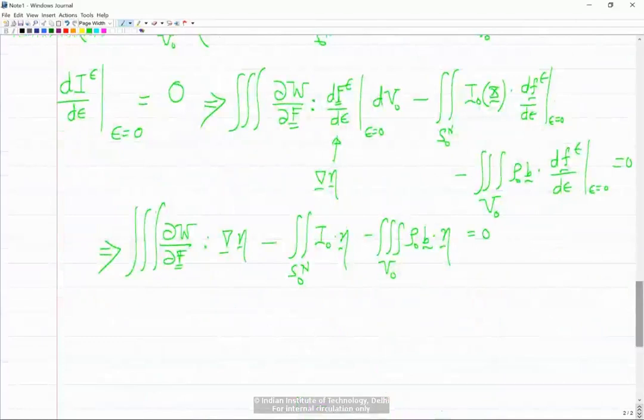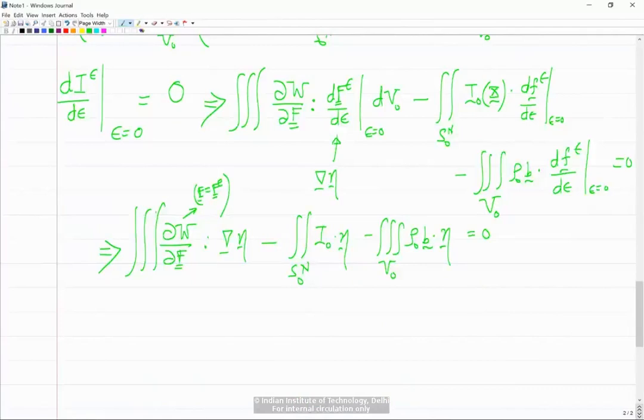Okay, so and here for example, when you set epsilon equal to 0, this is del W over del F, but evaluated at F equal to big F E at the equilibrium.